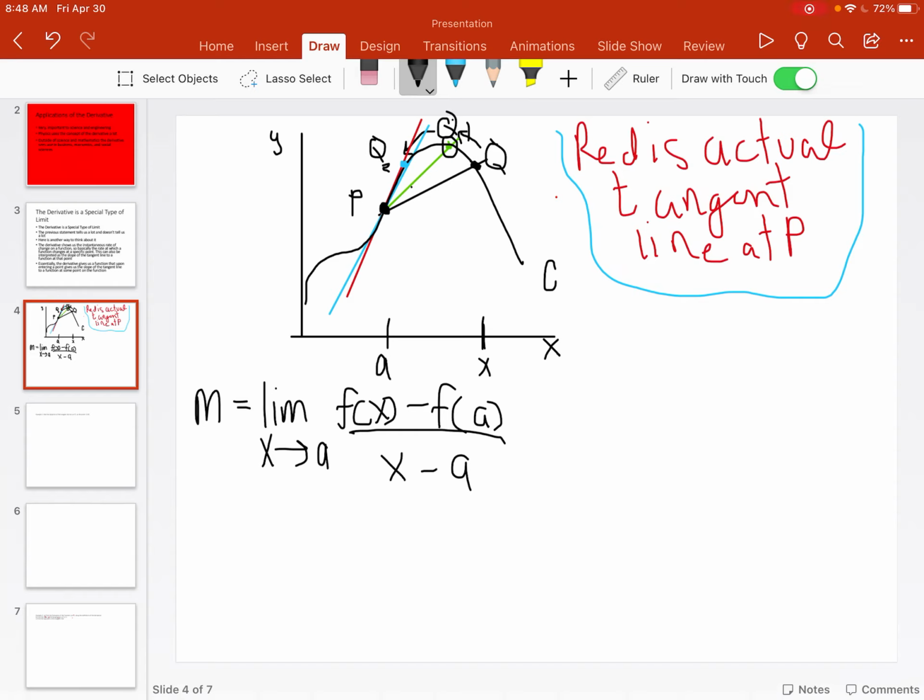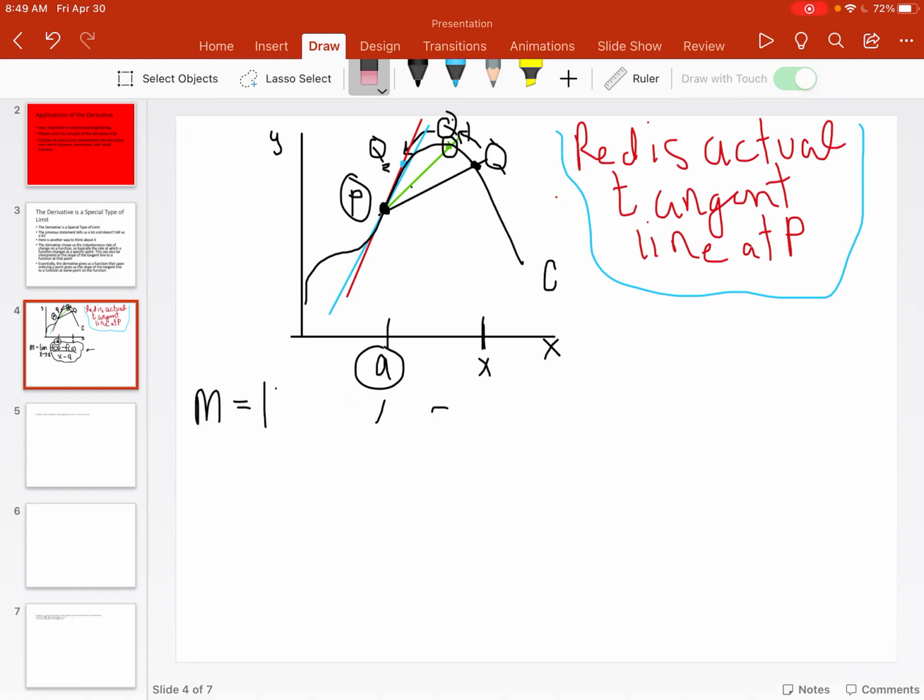The limit of this will give us the slope of the tangent line at the point a, in this case at the point P. So we get the actual slope. This is basically giving us our derivative. This is one of the limit expressions of the derivative. So how do we use this expression? Let's do an example. I'm going to do that on the next slide.